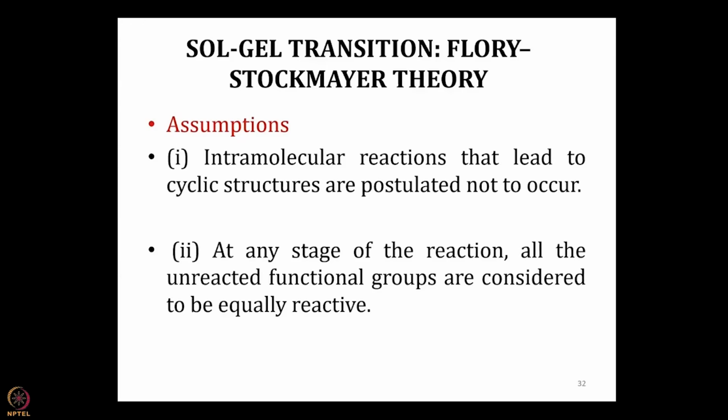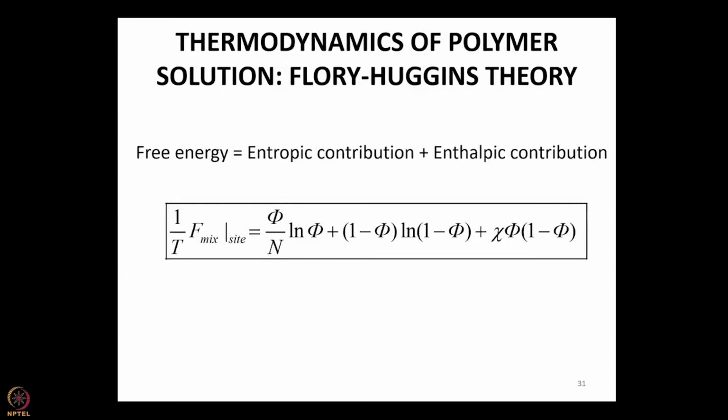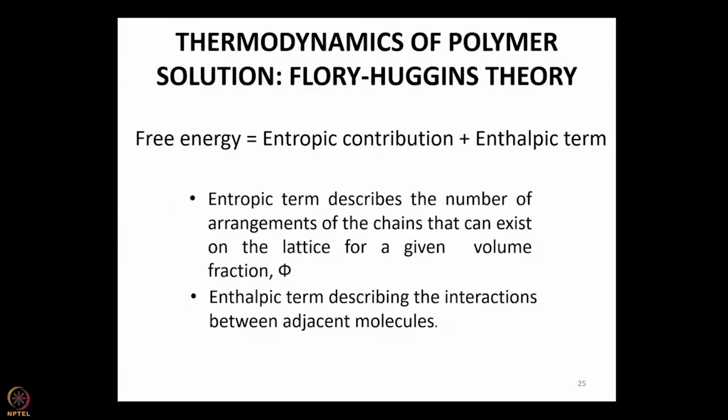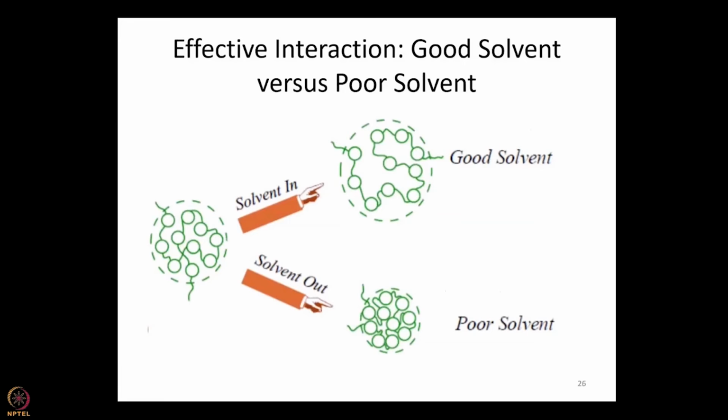When I minimize this free energy, I get the theory of the polymer solution. And that theory, with the value of chi, is essentially van der Waals theory, which explains the good solvent and bad solvent collapse.